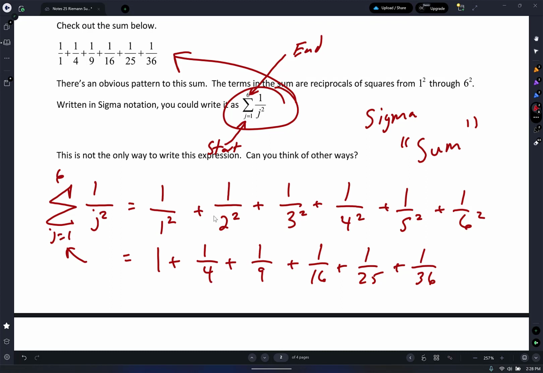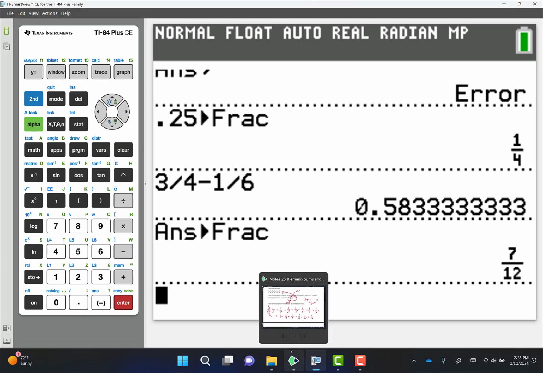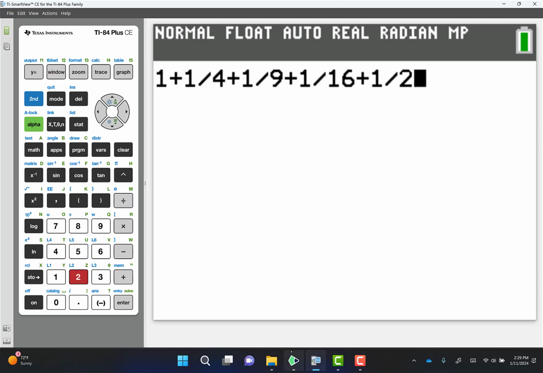Okay, and then what is that? This answer, whatever this sum is, you take your calculator. We'll show you a fancy way too, but I just don't want you guys to get used to it. You take your calculator, 1 plus 1/4 plus, what was the next one? 1/9 plus 1/16 plus 1/25 plus 1/36.